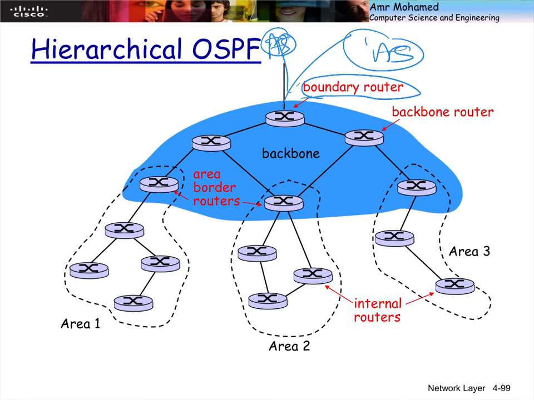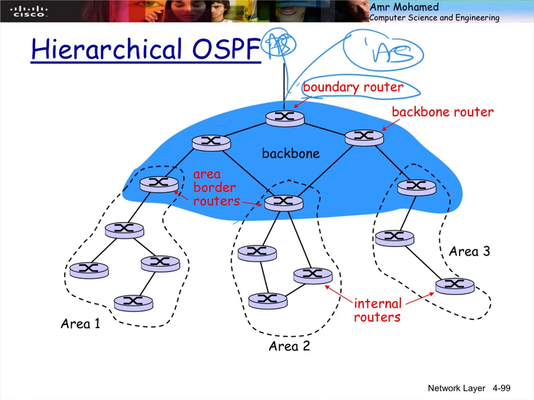The boundary router here is the gateway that connects this autonomous system to other autonomous systems. So we have the boundary router and we have the area border router. The area border router is a member of the backbone and it connects this backbone to one area.